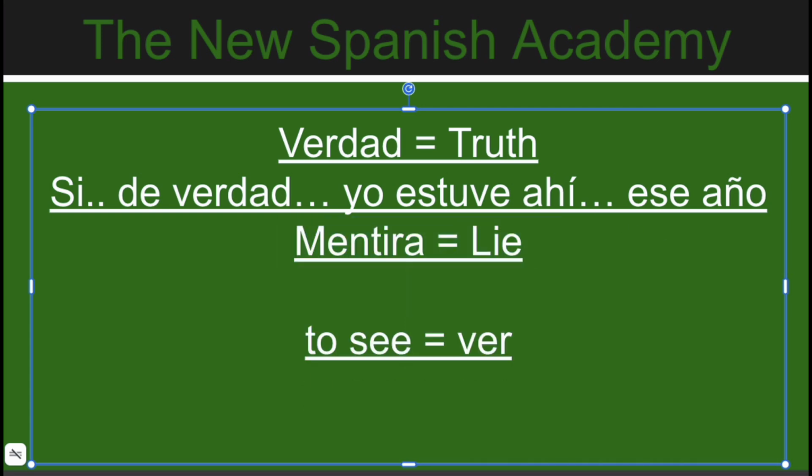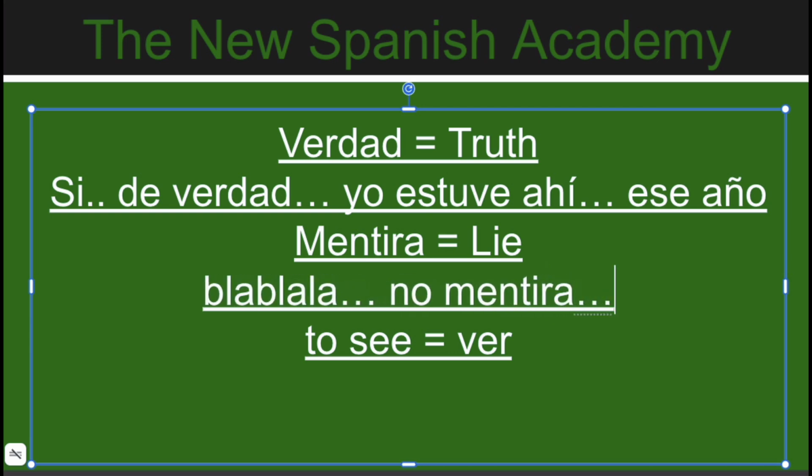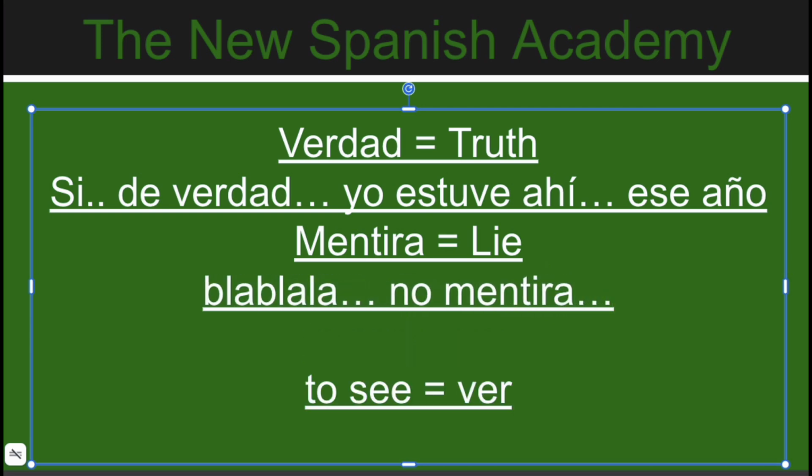What people say sometimes is blah blah blah blah blah blah. No, mentira. All right. Now I want you to know this little phrase, because as an English speaker, you will naturally think that if I say blah blah blah, no lie, you might think that I'm telling you no lie is the truth.